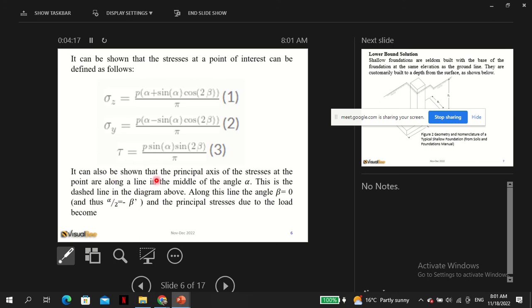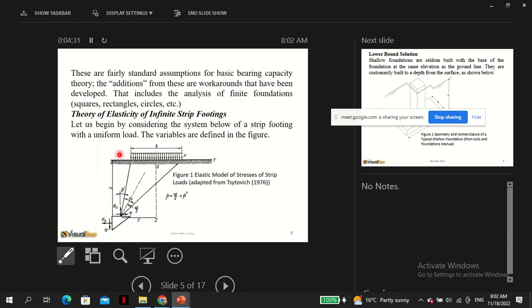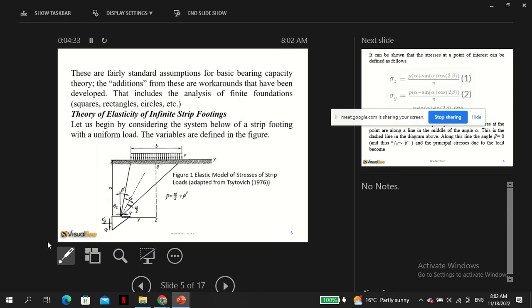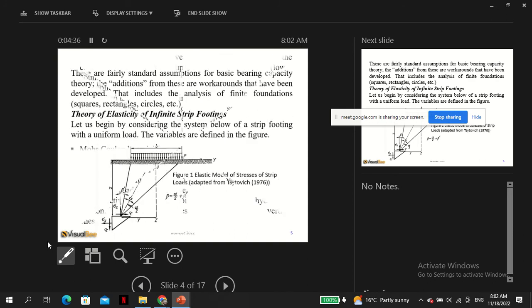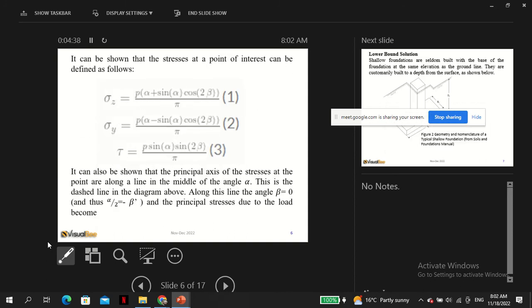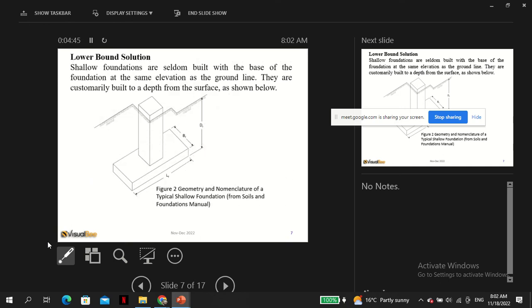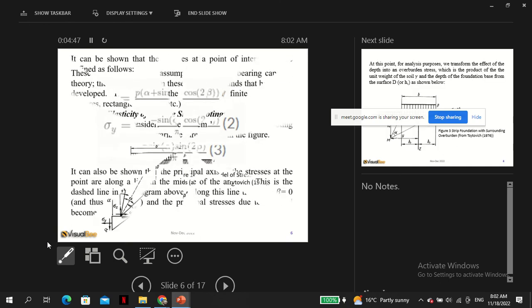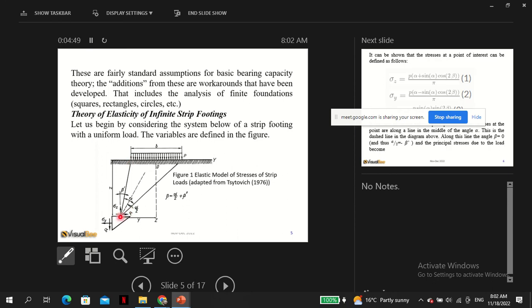So it can be shown that the principal axis of the stresses at the point are along a line in the middle of angle alpha. This is the dashed line, so this is the direction of the principal stresses.